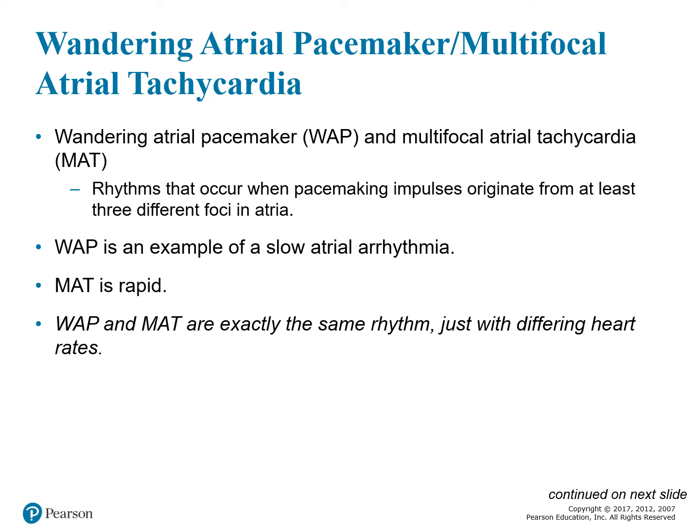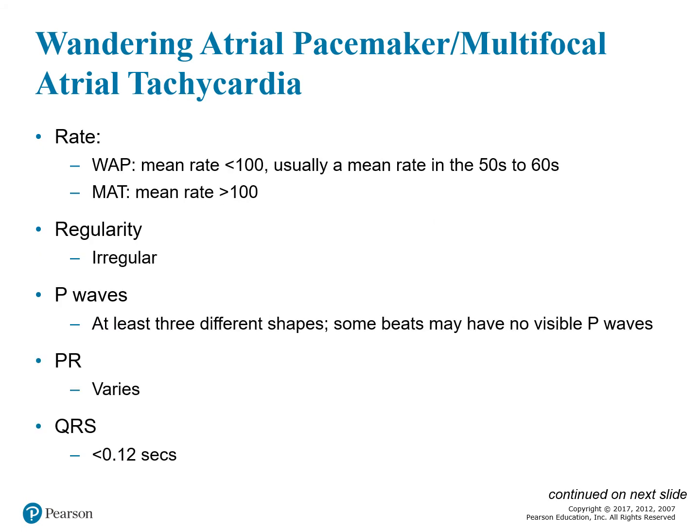Therefore, it's making your PR interval varied, but your QRS still stays as is the norm, less than or equal to 0.12 seconds. So let's take a look at the criteria one more time.